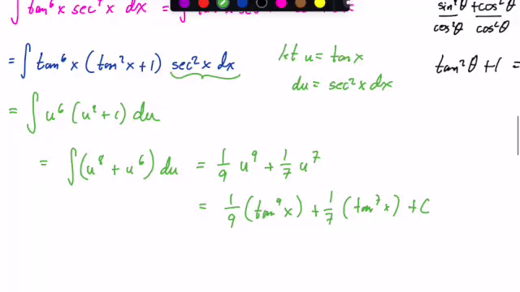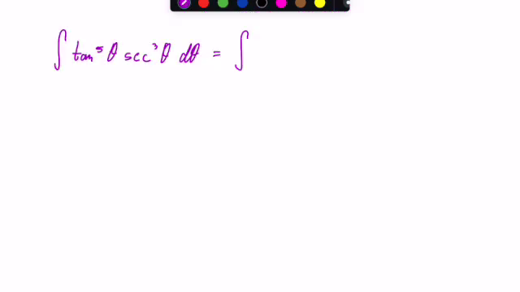And so what I can do is save one of those factors of each one. So this will become tan to the fourth theta. This will become secant squared theta. And I save the remaining secant theta tan theta with my d theta. And now look, it's a very nice u sub pattern for secant.